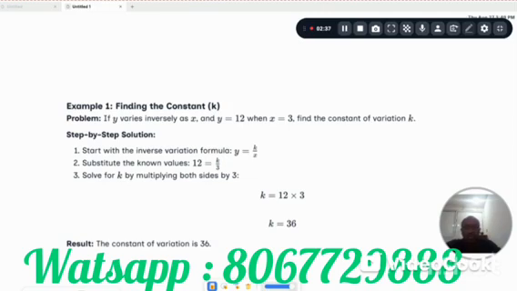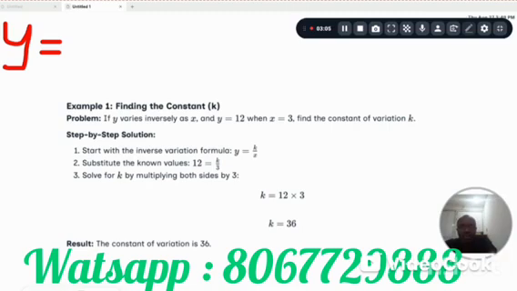So let's move on. This question says find the constant if y varies inversely as x. Let's take it one after the other. I'm having my y now, y varies inversely as x.